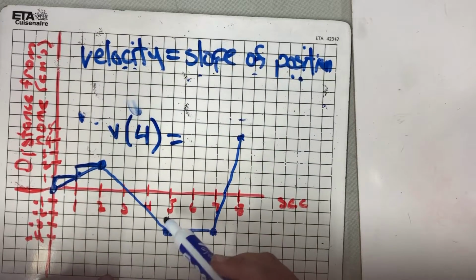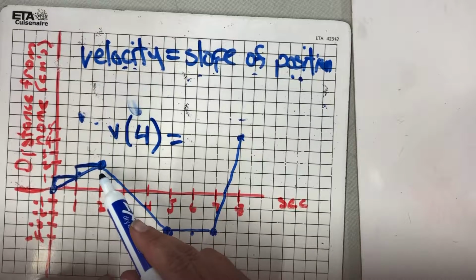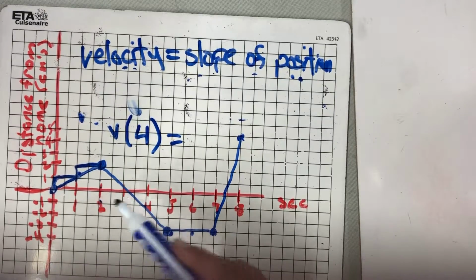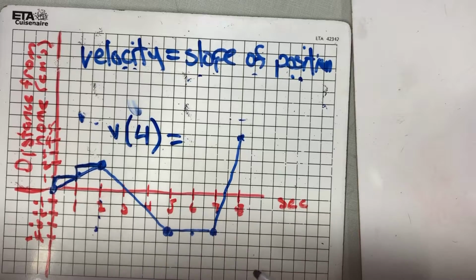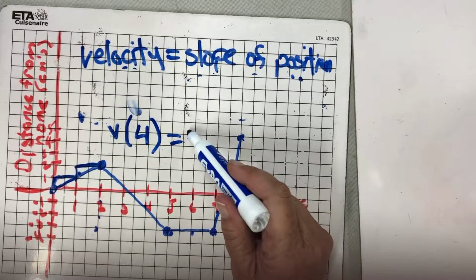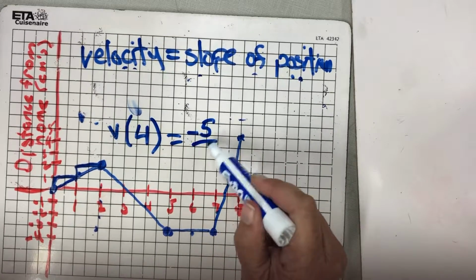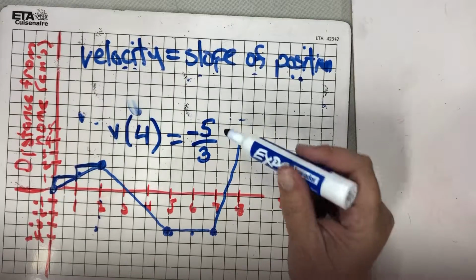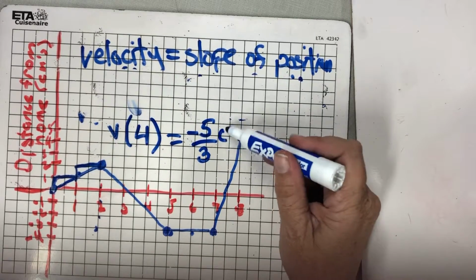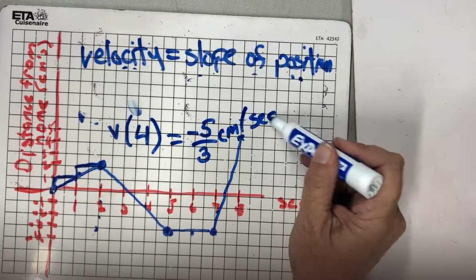And I mean, you can just count it if you want. So let's see, it goes down 1, 2, 3, 4, 5. And it goes over from 2 to 5, 3. So we went down 5, over 3. So it has a velocity of -5 over 3 centimeters per second.